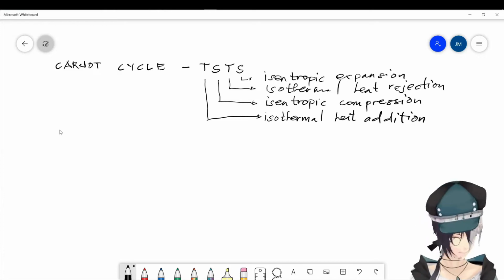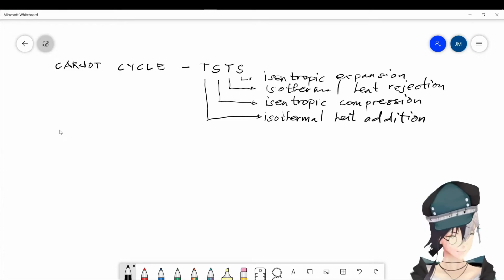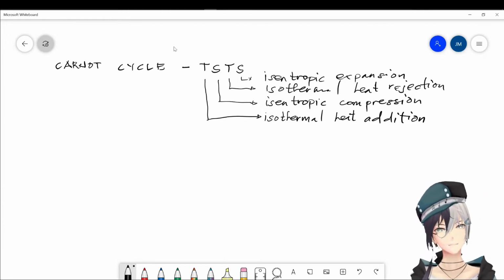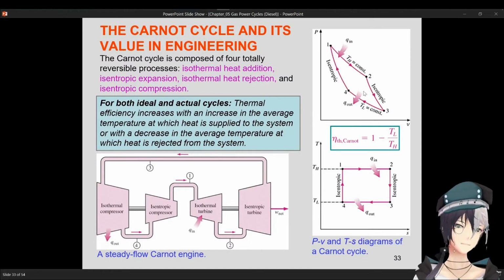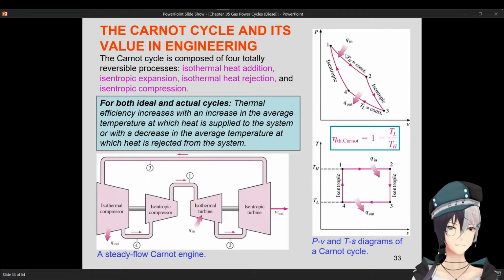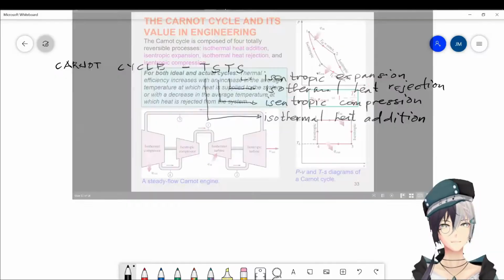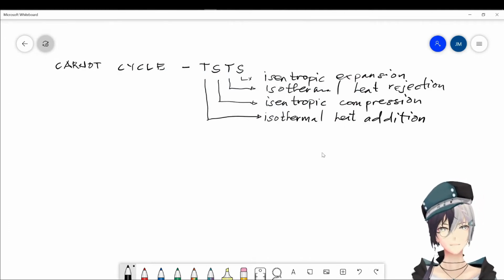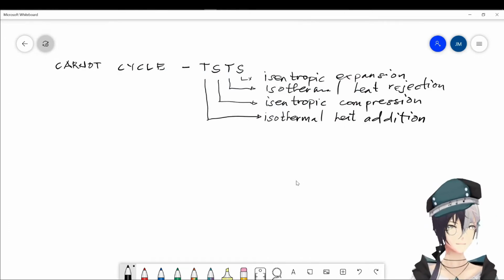And for the PV diagram, it's already in the presentation. So you have from 1 to 2, isothermal heat addition. I might as well write it over here.